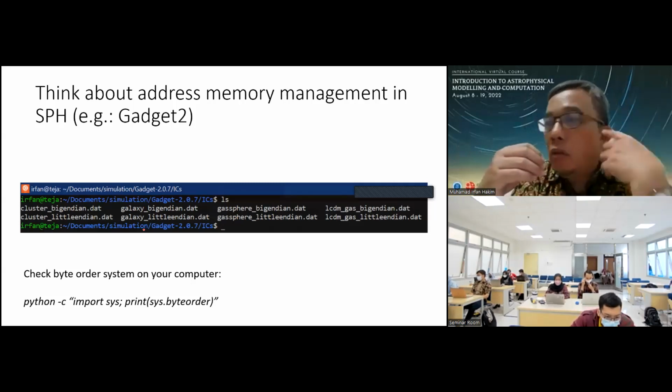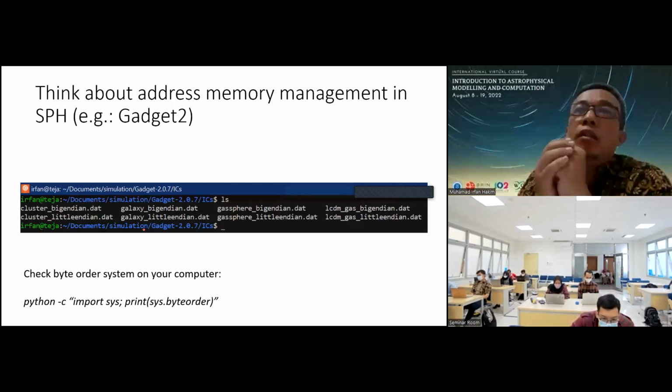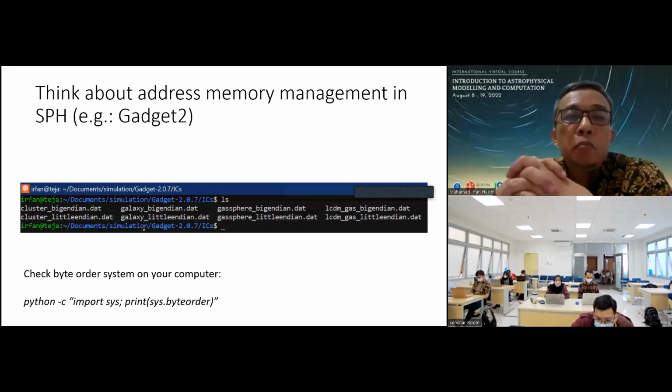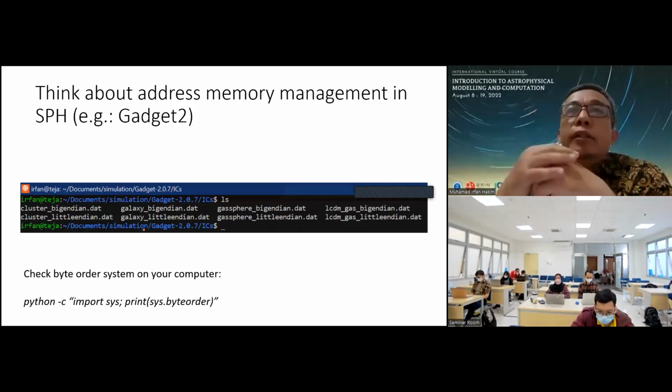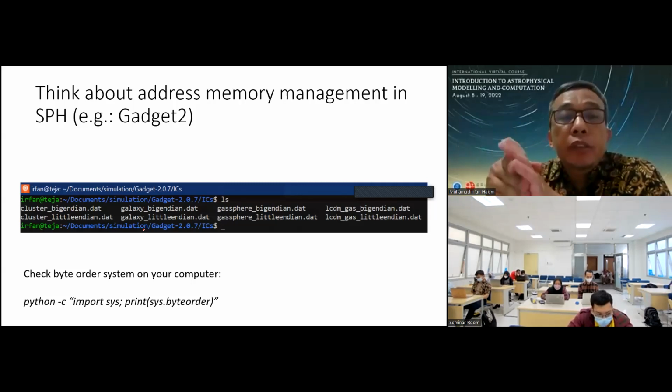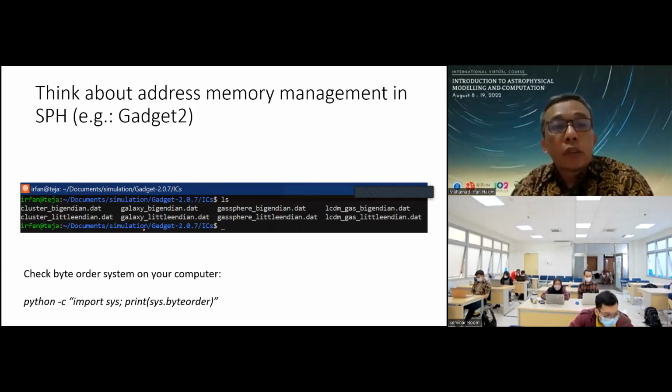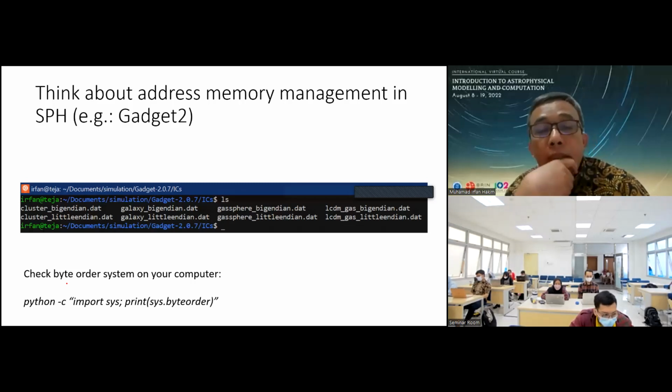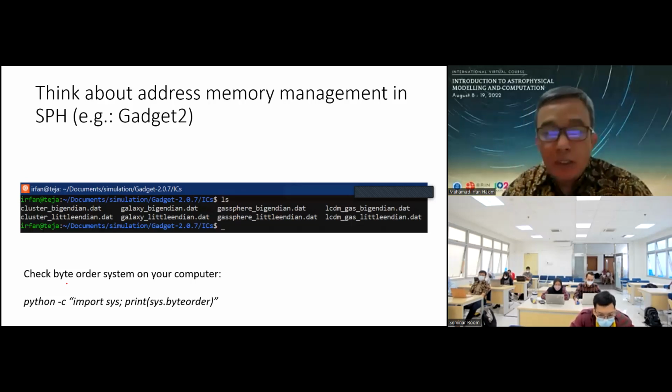And for more significant in the big address memory. You can check this type of Indianness of your computer by shortcut in or command line using a Python program here. Only calling this package.